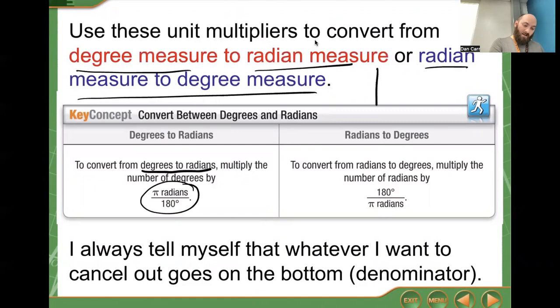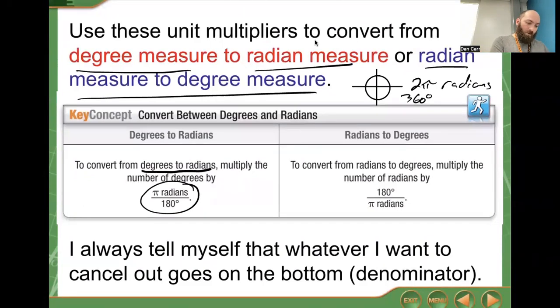The reason why is, if I look at a complete circle, it's going to be 2 pi radians, or 360 degrees. So what that means is 2 pi is equal to 360 in terms of our two ideas here. But what if I take half the circle?